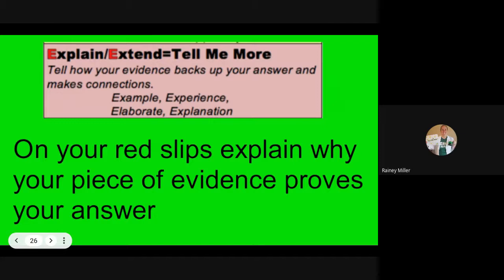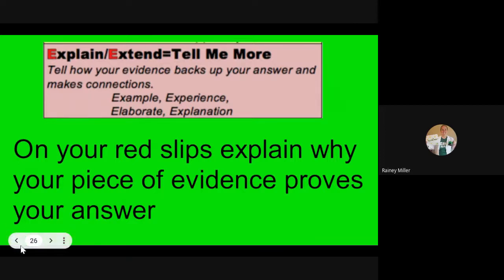This shows that it's easier to catch with two hands because I caught with two hands more often than I caught with one. Or this proves that I was able to catch better with one hand because I caught more often than with two. So you can think about how that proves your point. So pause the video and write your explain extend.